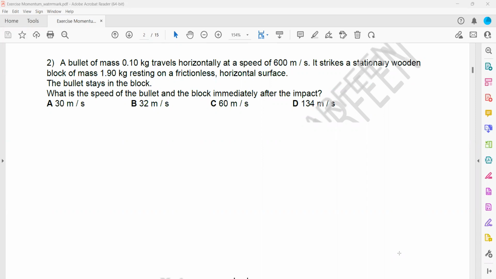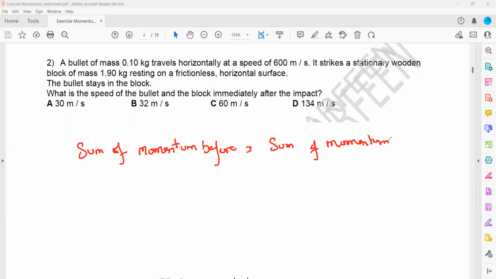Whenever objects collide, whenever objects hit each other, we will always use the conservation of momentum. So when two objects are colliding with each other, the sum of the momentum before the collision must be equal to the sum of the momentum after the collision.